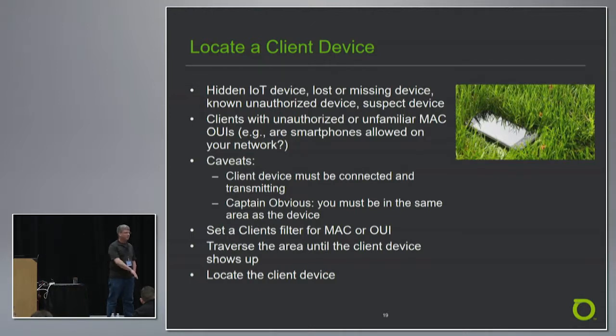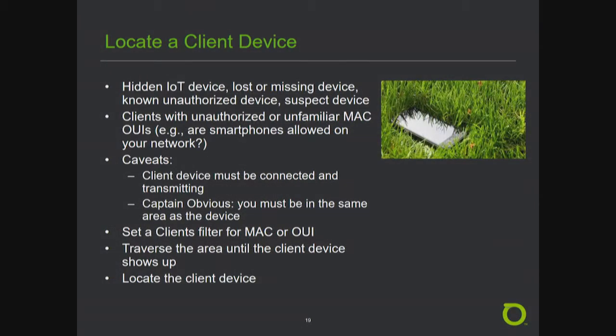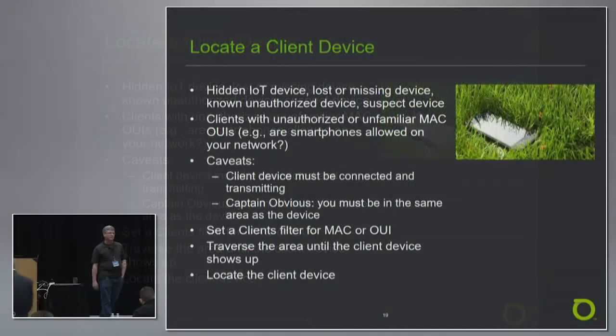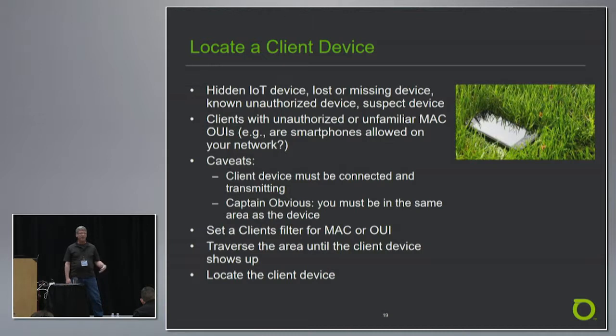Maybe you don't want smartphones on your network, or you don't want specific manufacturers' devices on your network. You can set up a filter for that based on the OUI or even the MAC. Perhaps you see from your infrastructure system that there is a client device on your network that shouldn't be there, so you have the full MAC, but you still have to physically locate it.